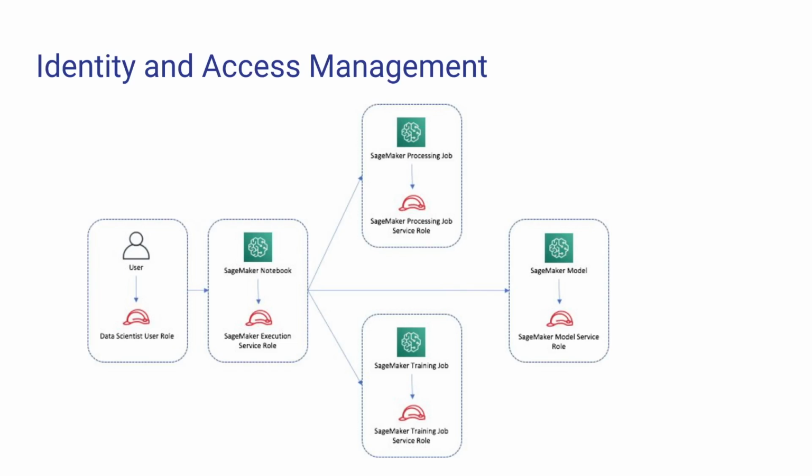We have the data scientist role that's able to assume the SageMaker execution role, and in turn able to assume the specific job roles like the processing job, the training job, even the SageMaker model role as well, to perform specific operations which we have defined using our IAM policies.